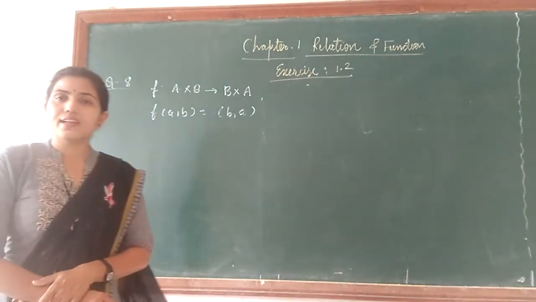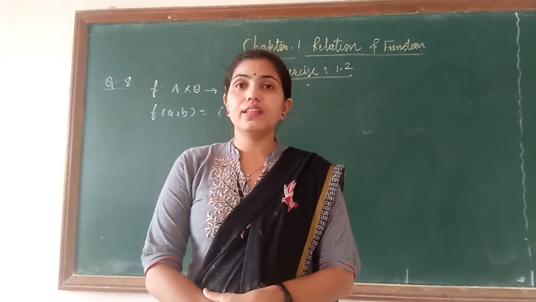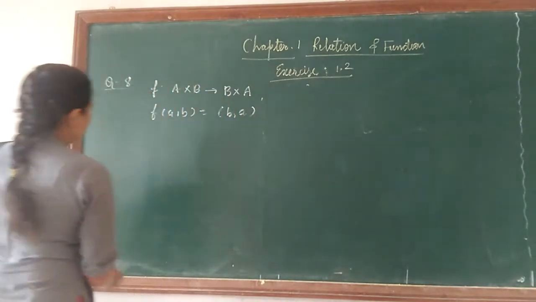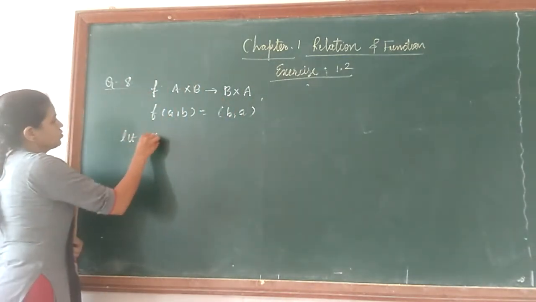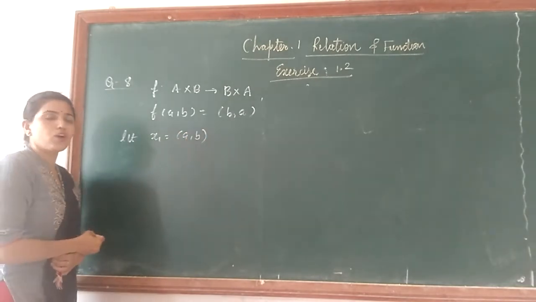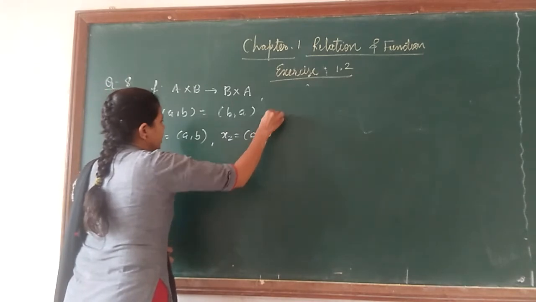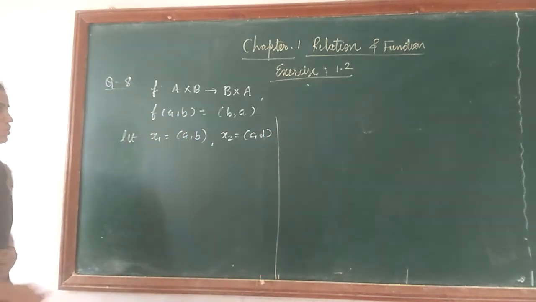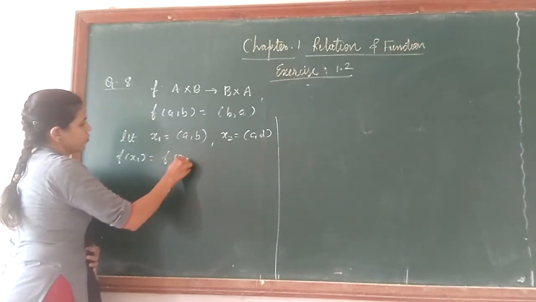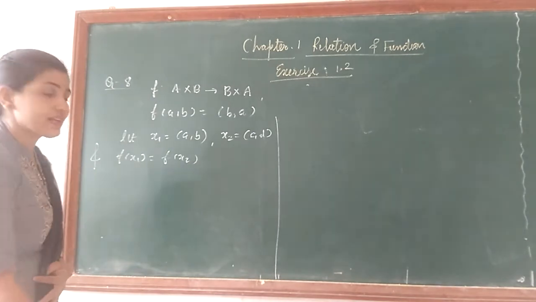For 1-1 we take f of x1 is equal to f of x2, and then we will show that x1 is equal to x2. So let me write it down here. Let x1 be equal to (a, b), the Cartesian pair a comma b, and x2 be equal to (c, d). Okay, so now f of x1 is equal to f of x2.